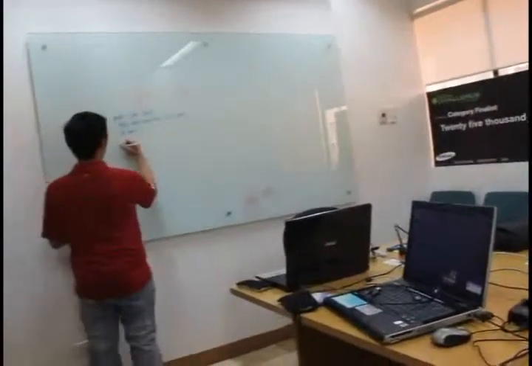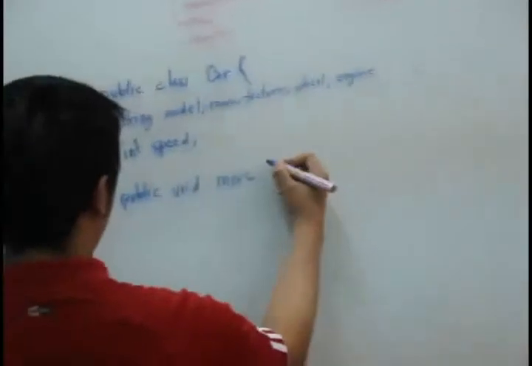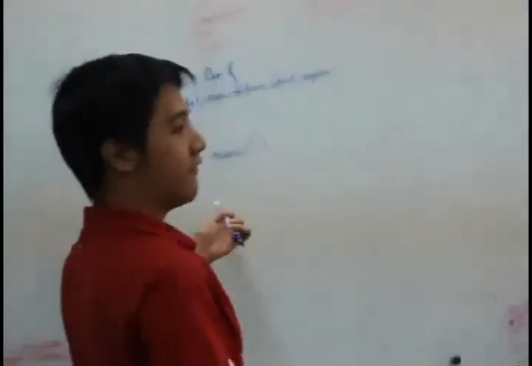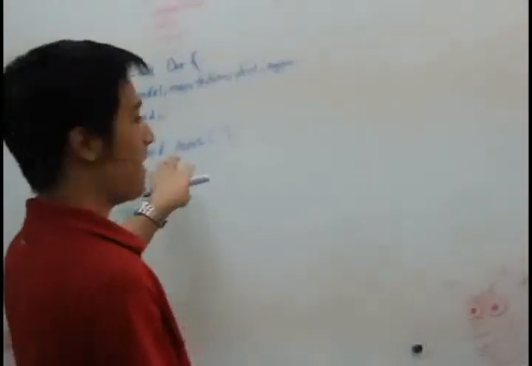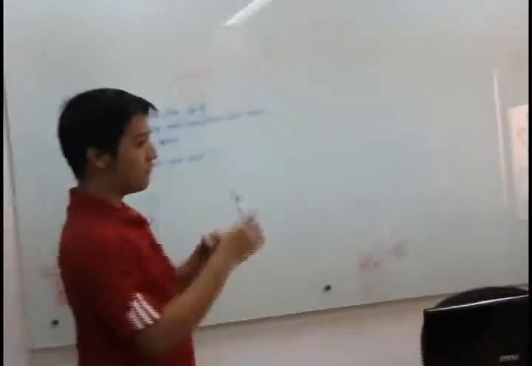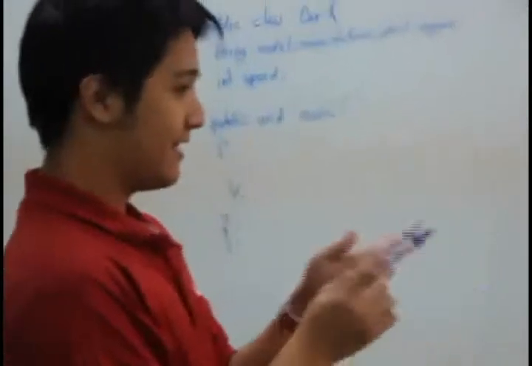So, we want to have a public void move. Yan. Ibig sabihin, a car has to move. Pag kinall mo yung method na to, ibig sabihin, dapat mag-move yung car. Got it? Okay. So, how do we make it move?